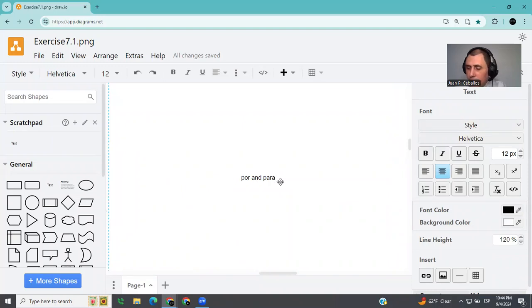I'm going to concentrate only on the ones that books normally do not teach. So the first one is that some books explain that the preposition por is used when you want to say because of, on account of, for the sake of, out of, which is correct.